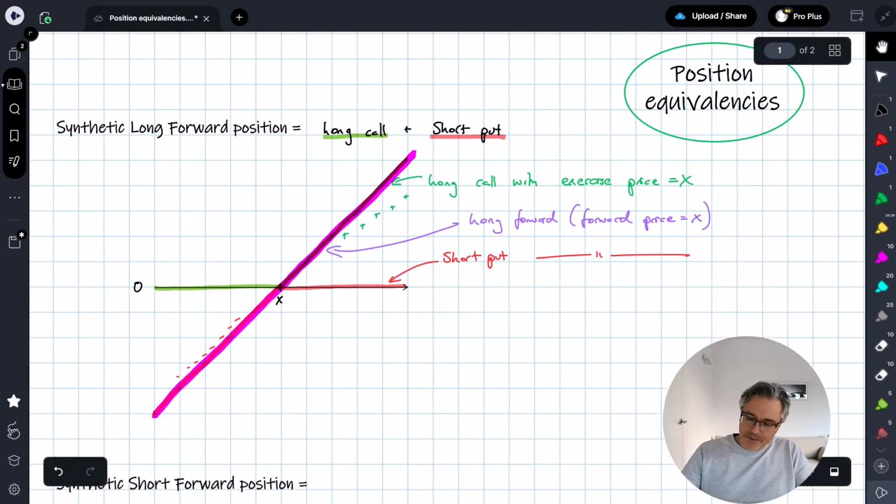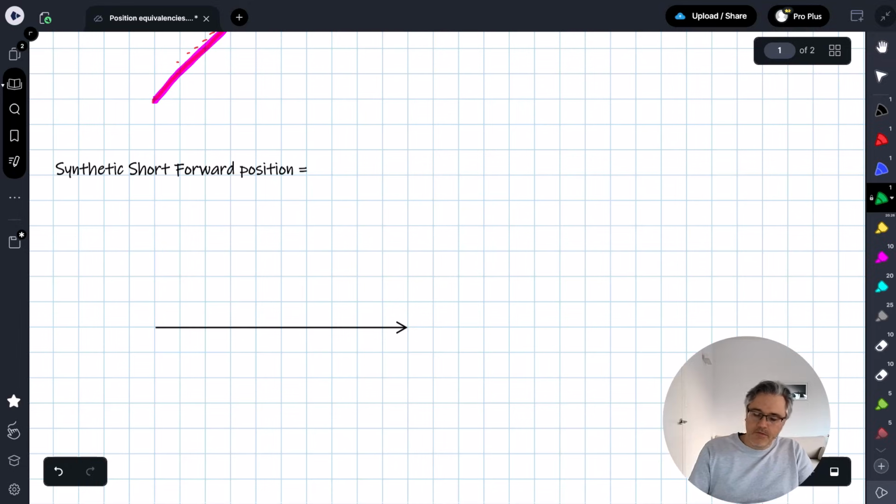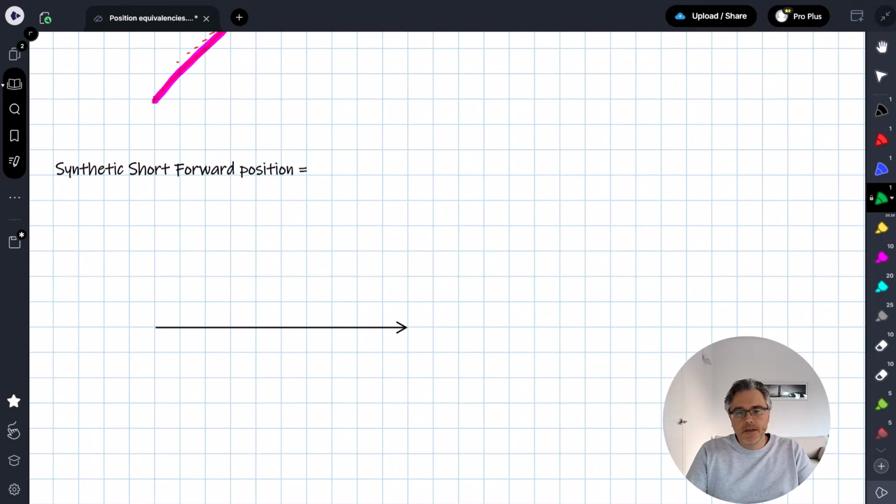Now, the next one is very similar, except that we're going to try and come up with a position that's a combination of instruments that will give an identical payoff profile to a short forward position.